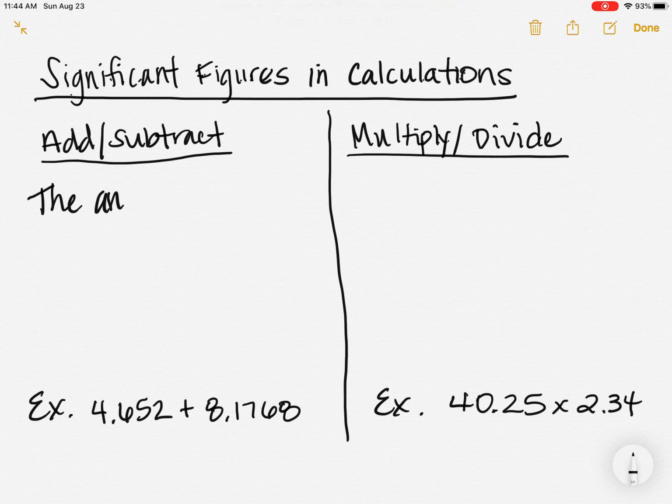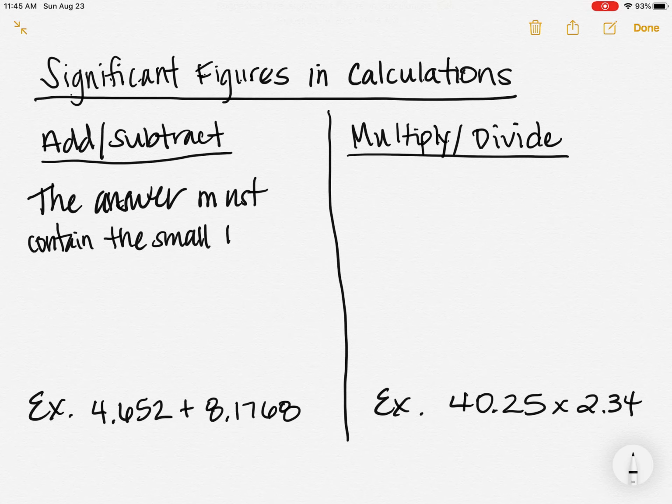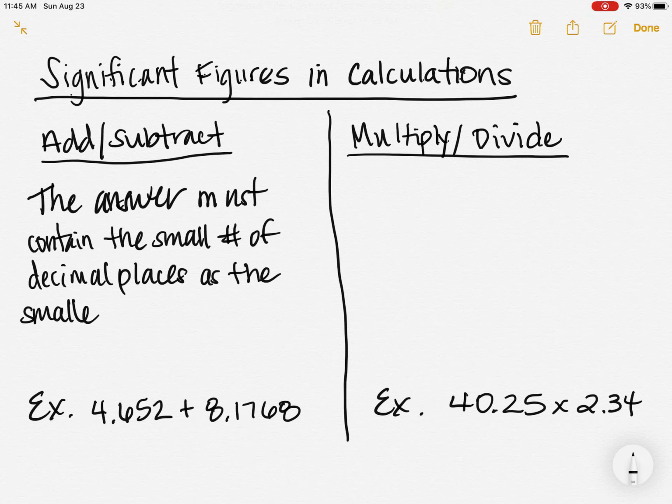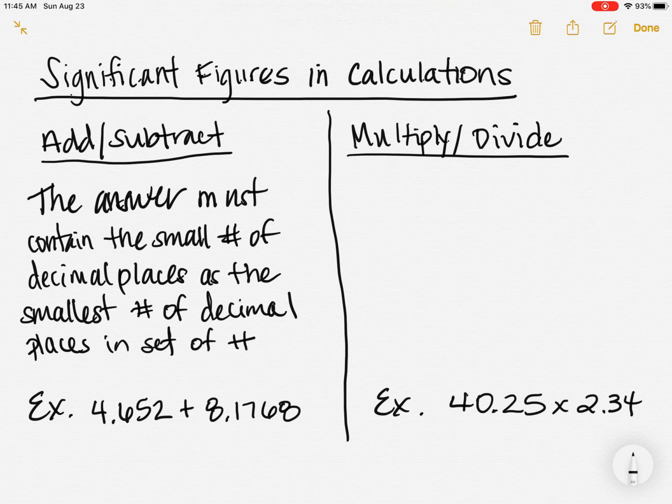So the answer to your addition or subtraction problem must contain the same number of decimal places as the smallest number of decimal places in the set of numbers.